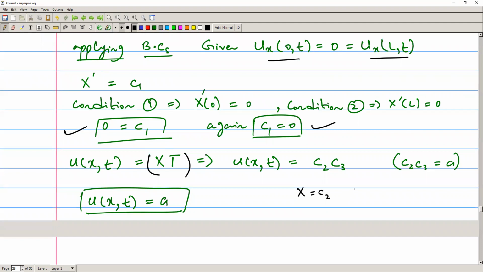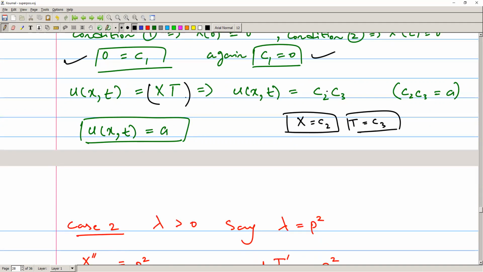Now both of these are constants, and the product of constants can be written as another constant, right? So we can write c2 times c3 equals A. So in this case, u(x, t) is equal to A. Now you can see that this is a non-trivial solution.